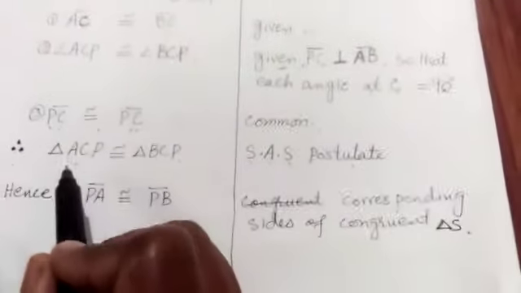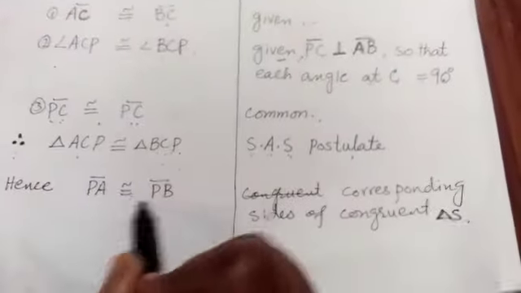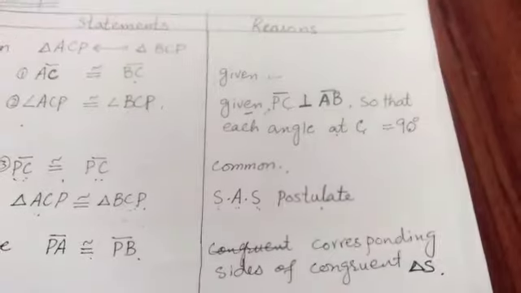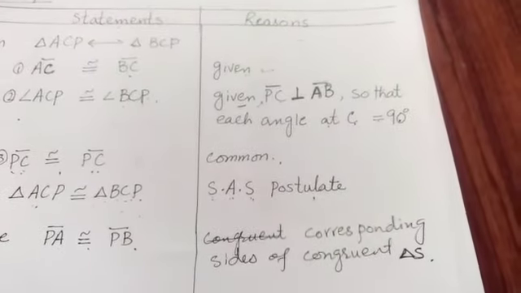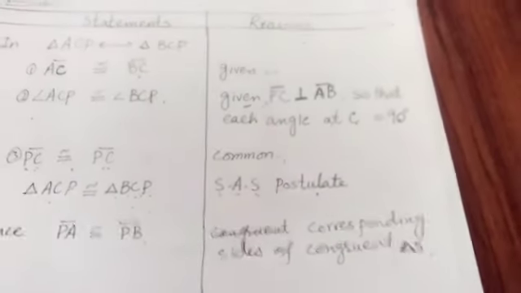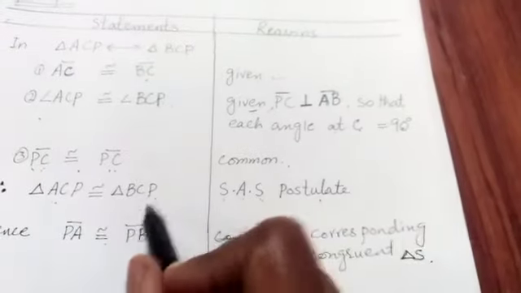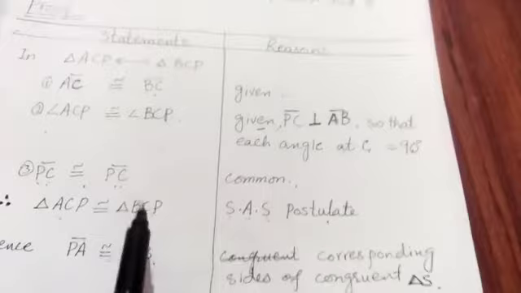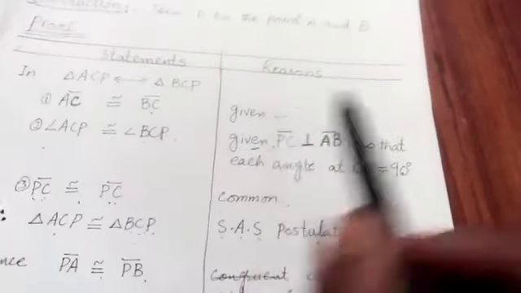Hence PA is congruent to PB. It means the remaining sides of congruent triangles will be congruent. Remaining angles and remaining sides of two congruent triangles are always congruent.